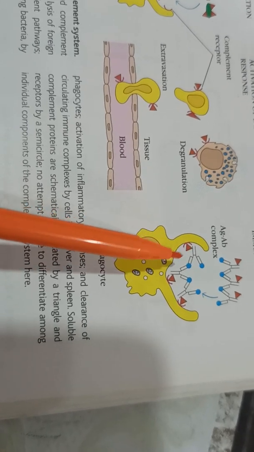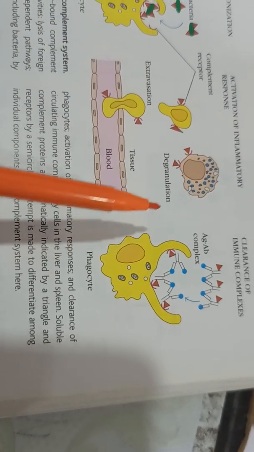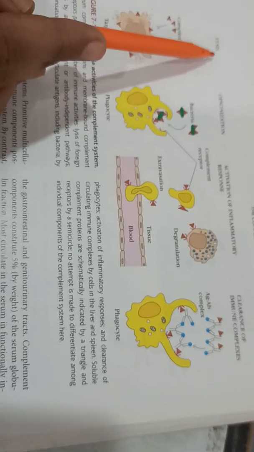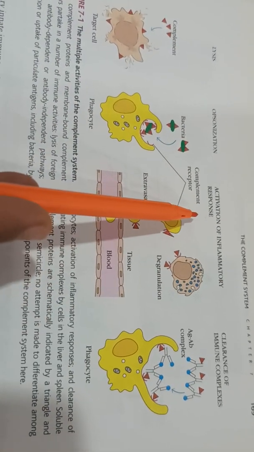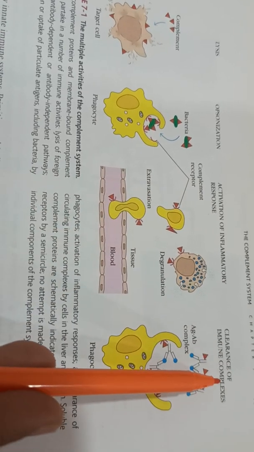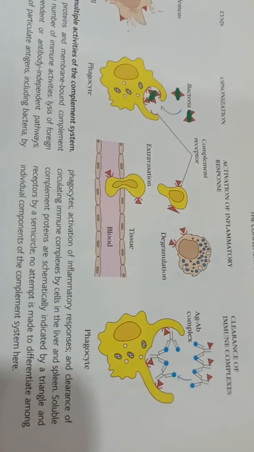So the complement system has four major functions: lysis of the target cell, opsonization, activation of the inflammatory response, and clearance of immune complexes.